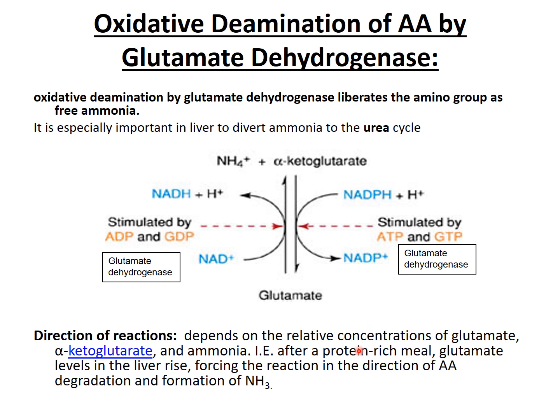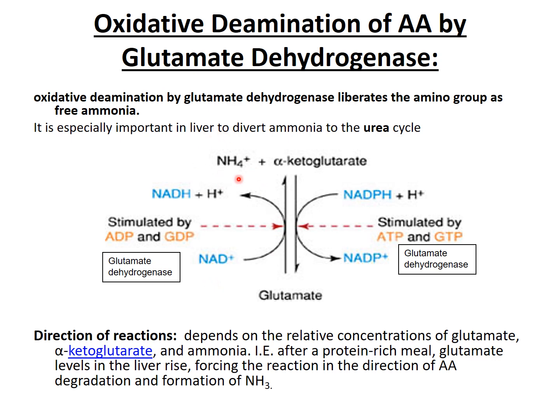For example, if we are eating protein-rich meal, and the glutamate level is increased in the liver, it can easily push the glutamate to produce alpha ketoglutarate and produce energy through alpha ketoglutarate in the mitochondria, or through the reducing power of NADH going to the terminal oxidation system.